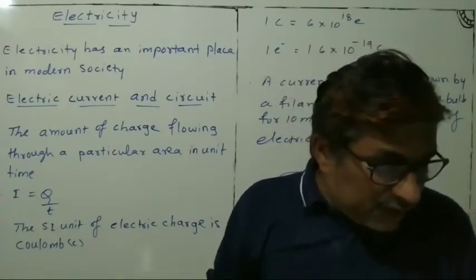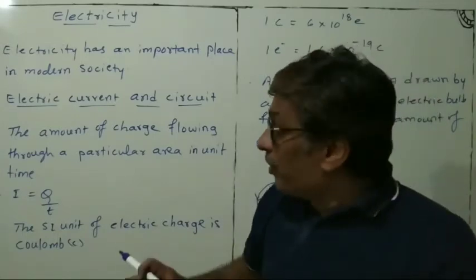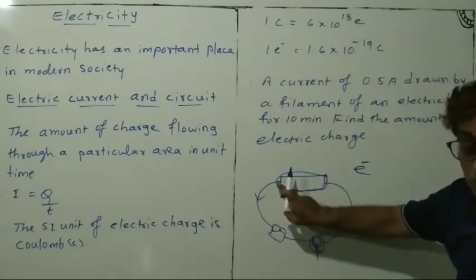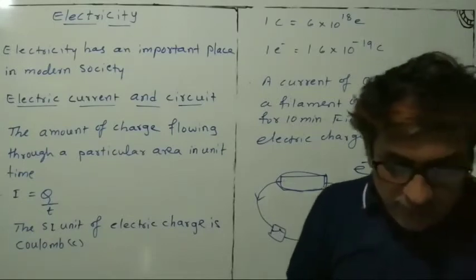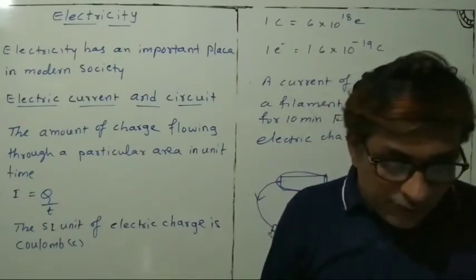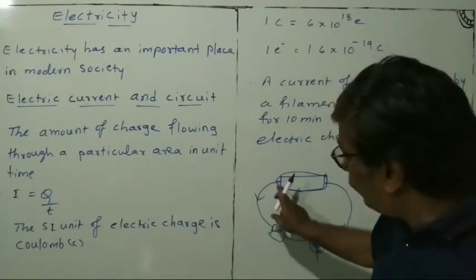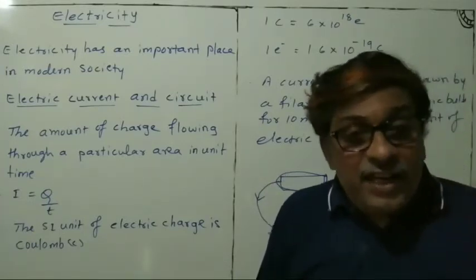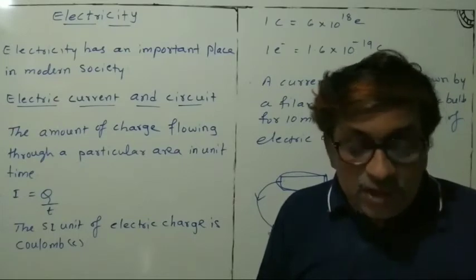Similarly, if electric charge flows through a conductor, for example, through a metallic wire, we say that there is an electric current in the conductor.